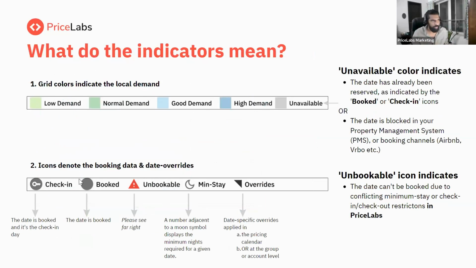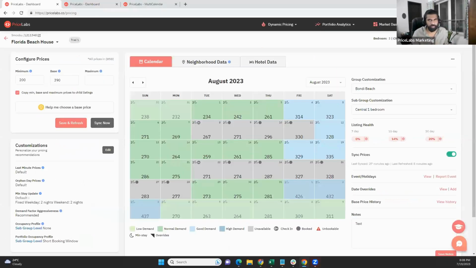Let me hop into my account and quickly show you this. If you see my screen, my product screen, right now, what I have here is my August sitting pretty with a bunch of dates that are available, but I also see light green on some dates.